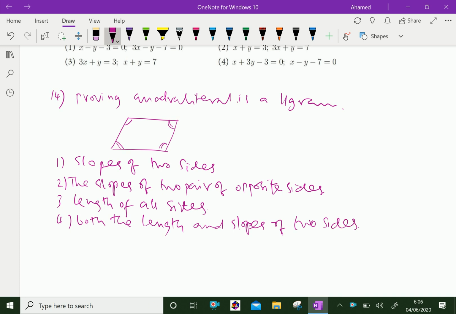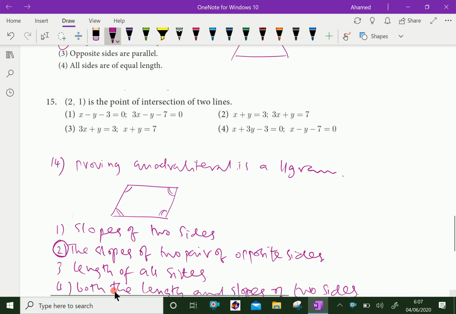In this, we need the slopes of two pairs of opposite sides. Option 2. Here the answer is the slopes of two pairs of opposite sides.